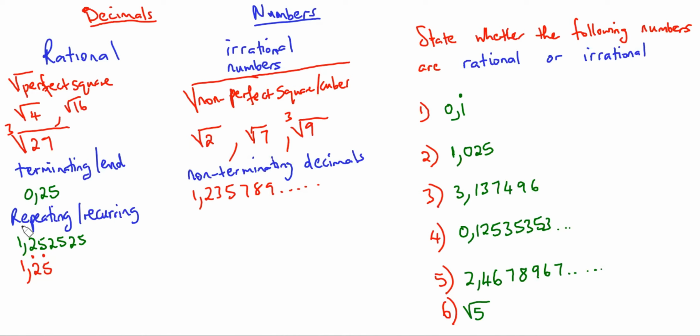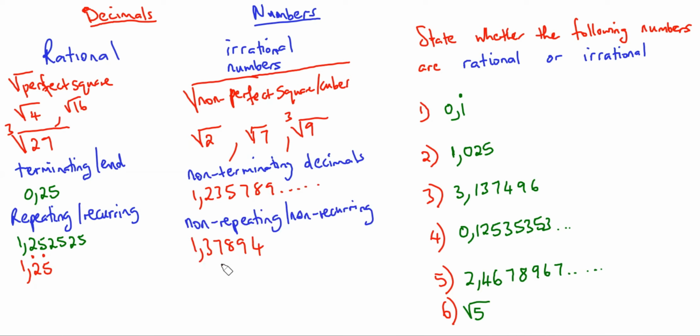Then we also have non-recurring, non-repeating decimals. These don't repeat themselves. For example, here we can have 1.37894.